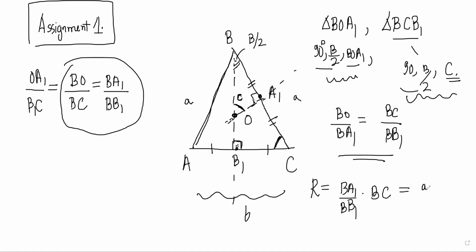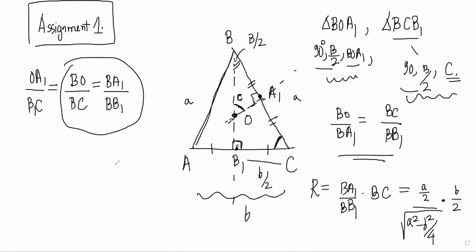What is BB1? BB1 is in a 90-degree triangle. I know this is B by 2 and this is A, so BB1 is root over A square minus B square by 4. And BC is B by 2.